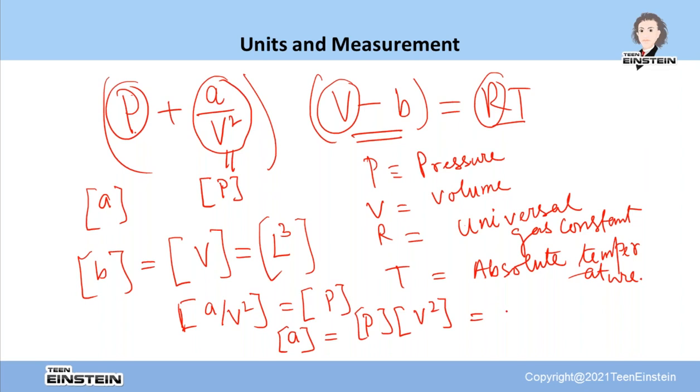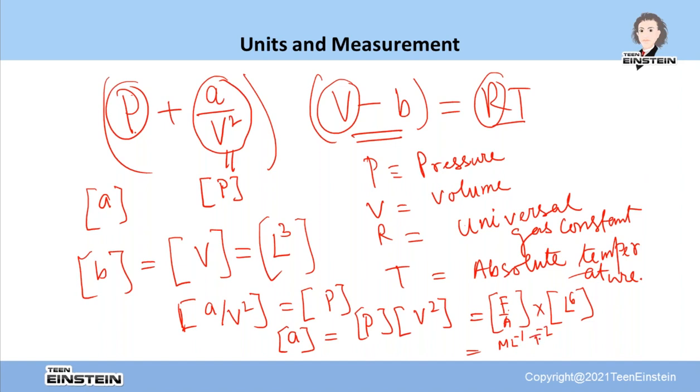V square means volume squared, so L to the power 3 to the power 2, that means L to the power 6. And pressure means force per unit area, which has dimension m L t to the power minus 2 divided by L squared. So one L goes off, and one L will remain with a minus power: m L to the power minus 1 t to the power minus 2.